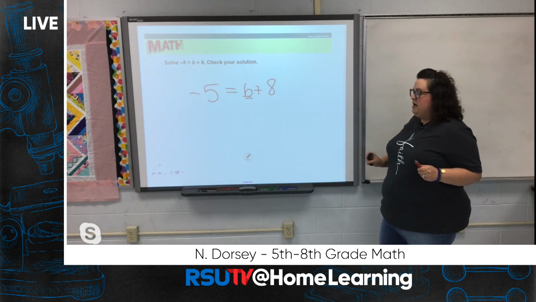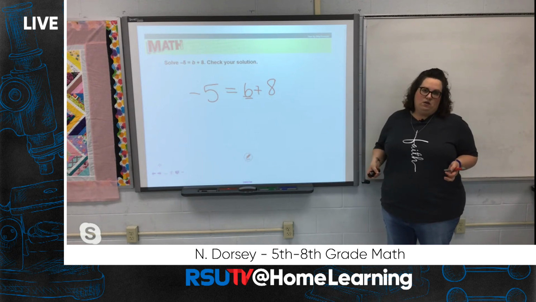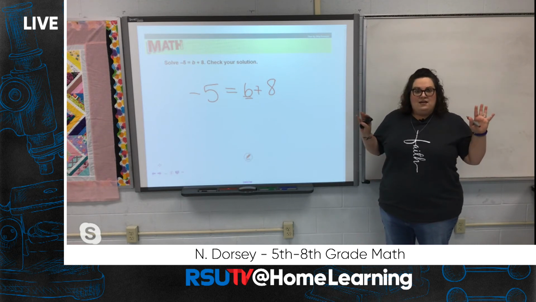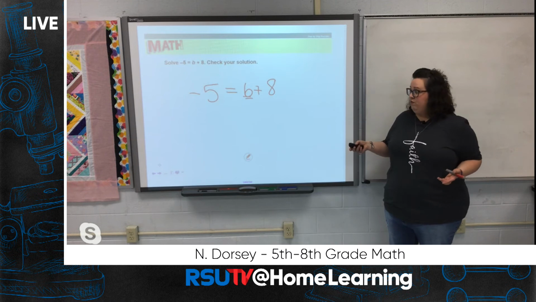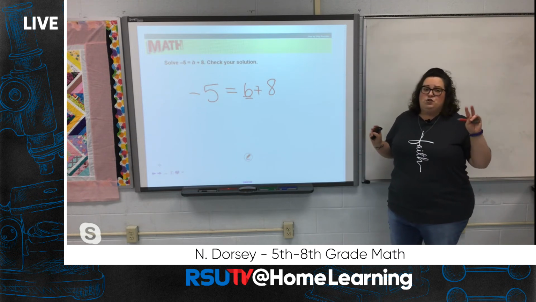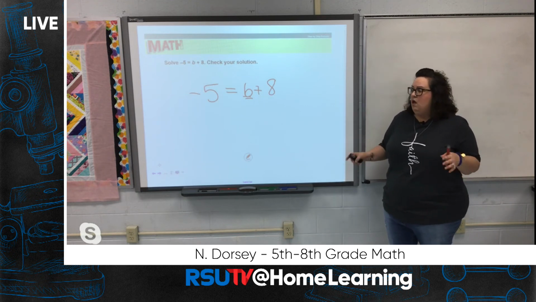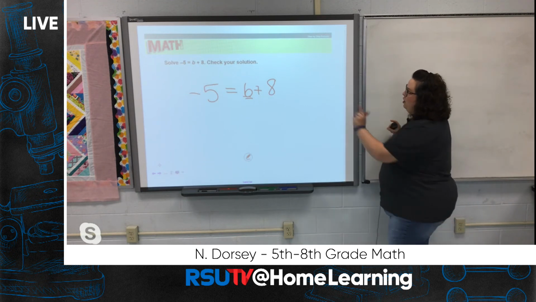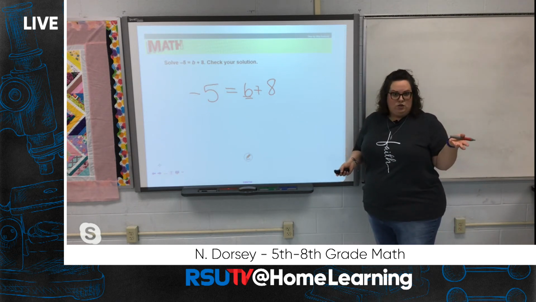So sometimes the variable will be on a different side of the equal sign. That doesn't change anything. It doesn't change how I solve it. It doesn't change what I move. There's two things that you can do. The first thing you can do is just solve it as normal. The second thing that you can do, and I'll write it over here so you can see, is you can rewrite your equation.